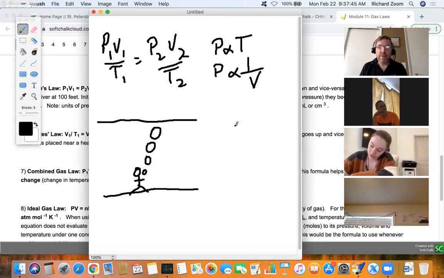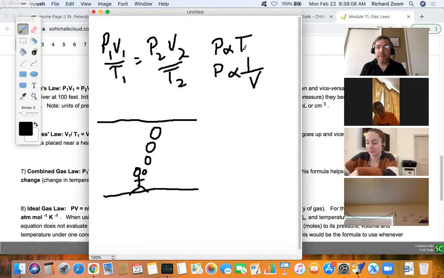We know that pressure and temperature are related directly because you've probably experienced this fairly recently: you go to a gas station on a very cold morning and you'll see a whole lot of people lined up by the air pressure, the tire filling place.